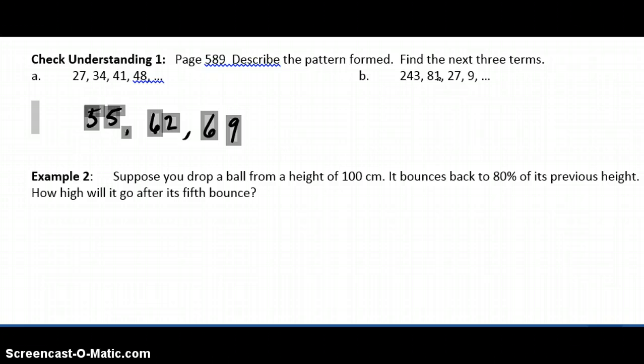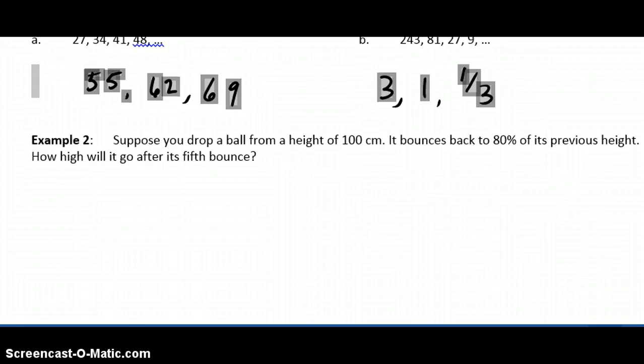For B, it looks like we are dividing by 3 each term. So we got 243, 81. 81 divided by 3 is 27. 27 divided by 3 is 9. 9 divided by 3 is 3. 3 divided by 3 is 1. 1 divided by 3 would be 1/3. So I hope you have gotten those correct.